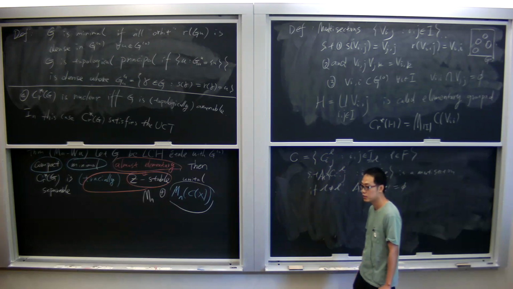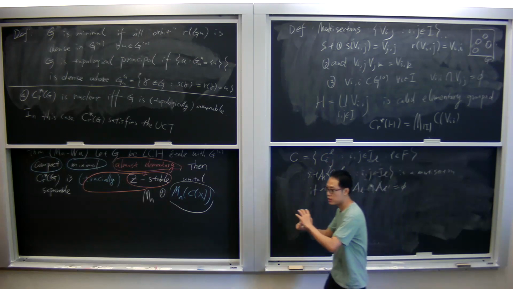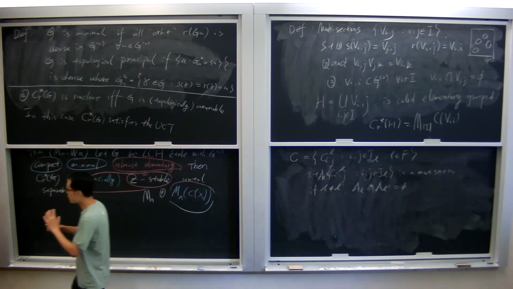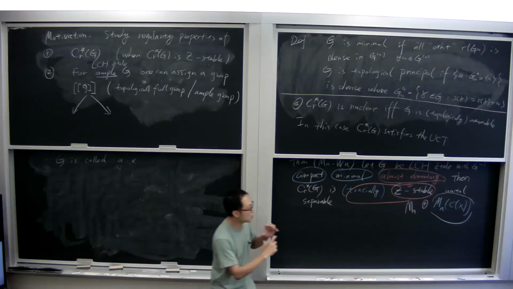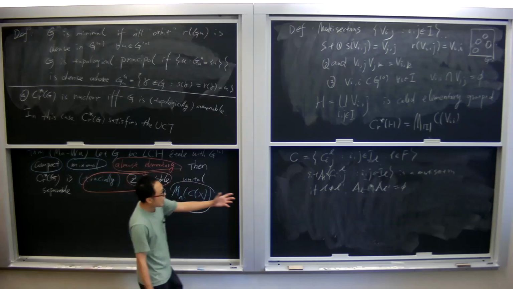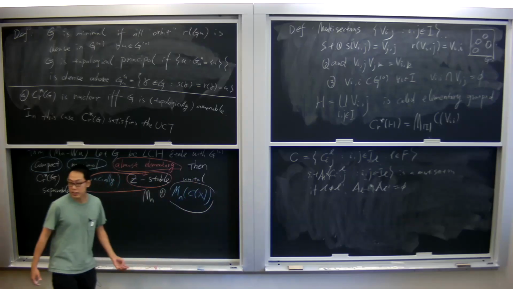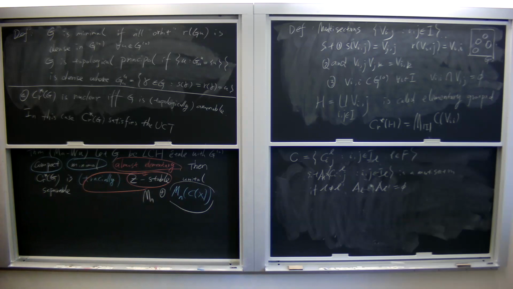But what's missing if you just have an elementary groupoid? Say two spaces. In the same groupoid, we can consider two elementary subgroupoids. Are they disjoint? No, they can have some overlap.